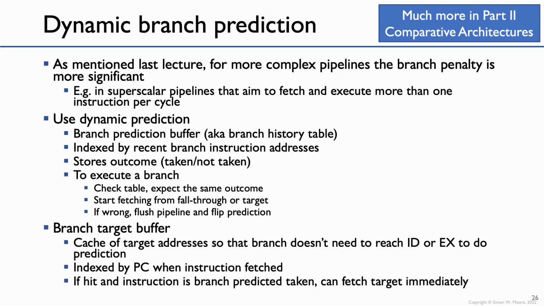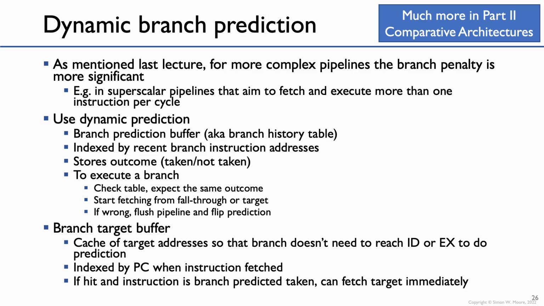So the branch target buffer is part of this dynamic prediction. It's just a cache of target addresses, so we don't even need to reach instruction decode or execute to know where the branch will go.